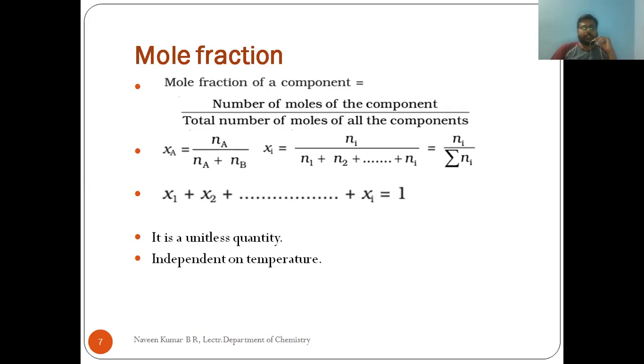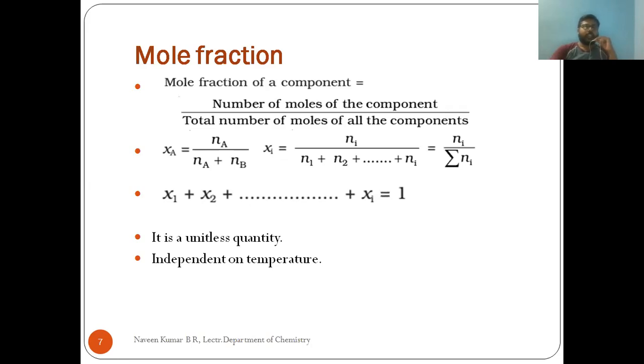Now, in a simple binary solution, we'll be having two components, one solute and one solvent. If we know the mass of solute in the solution, the mass of solvent in the solution, and by knowing their molar masses, it is possible to calculate their number of moles. Generally, A will be used to designate the major component solvent, and B will be used to designate the solute.